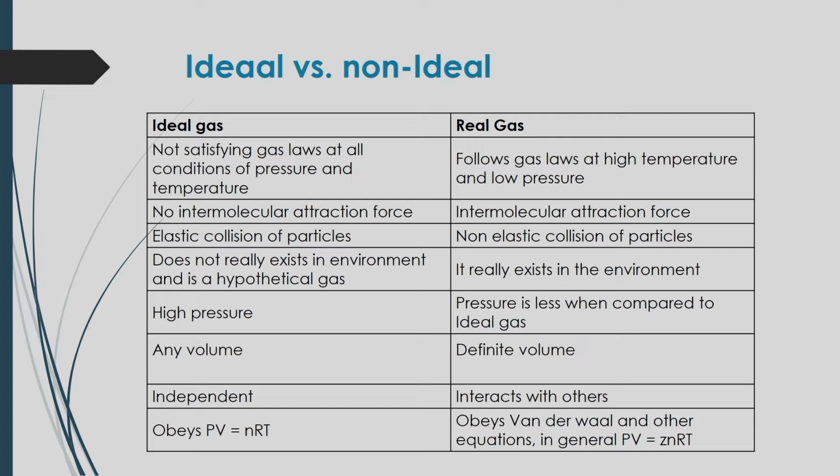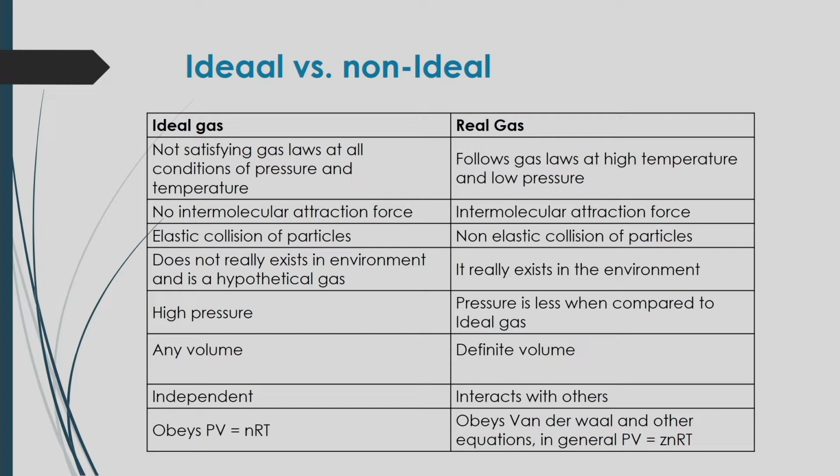In ideal gases there is elastic collision of the particles whenever they move at a particular temperature and pressure, whereas in real gases you will not get elastic collision of the particles during their movement. Ideal gas does not really exist in the environment and is a hypothetical gas, whereas real gas really exists in the environment. Ideal gas particles occupy no volume, whereas real gas occupies a definite volume.